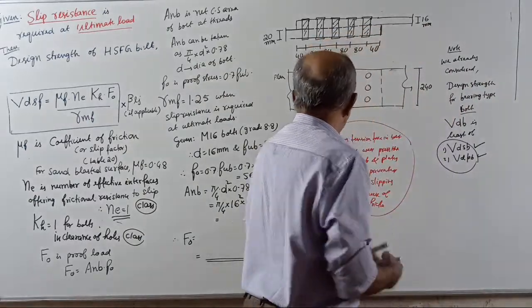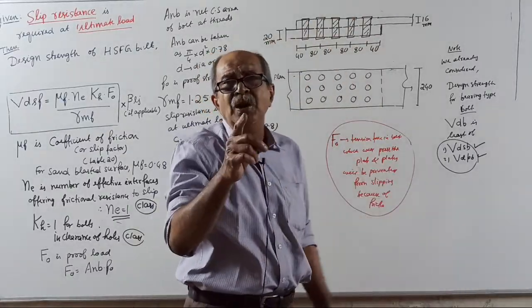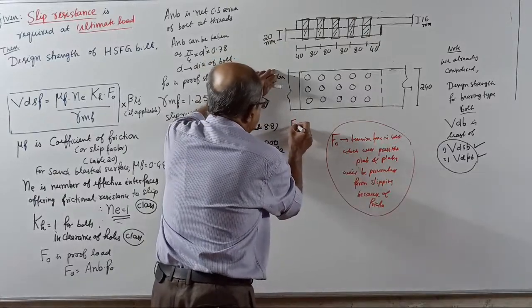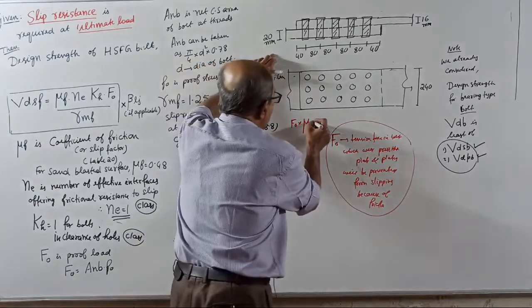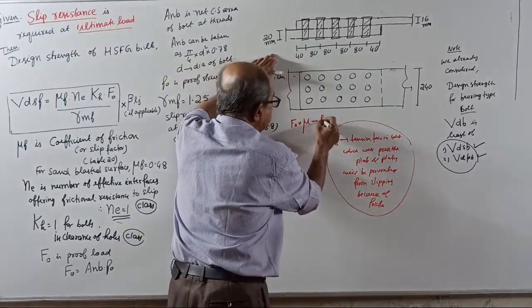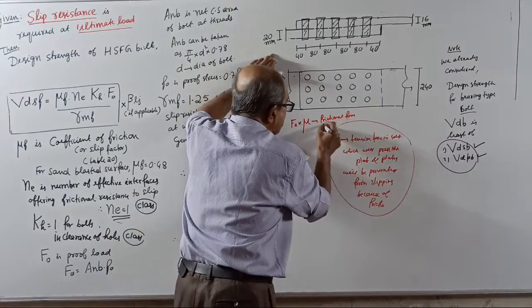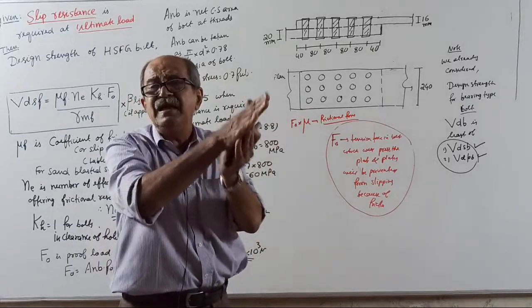So now, see there. F naught is the normal force. People who study engineering mechanics know that F naught into coefficient of friction mu will be the frictional force. The frictional force is responsible to prevent the slipping.